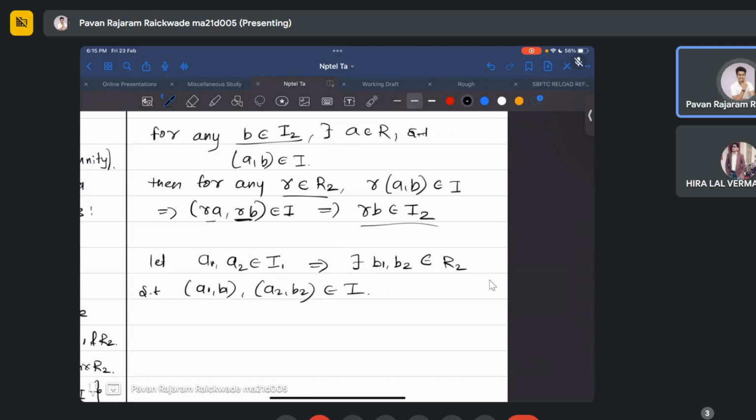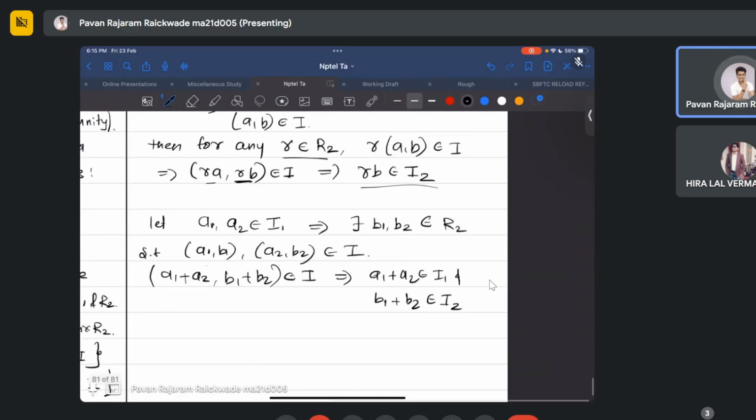Now what happens to a1 plus a2? Since these are in I, (a1 plus a2, b1 plus b2) also belongs to I, as I is a subring, but then this will naturally imply a1 plus a2 belongs to I1 and b1 plus b2 belongs to I2. So closed under addition and closed under multiplication by any element from the ring implies I1 and I2 are ideals.